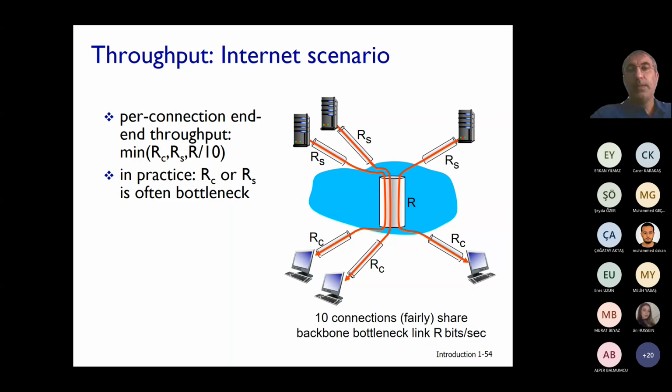Okay, throughput has some problems, per connection end-to-end throughput. If there are some bottlenecks, some important intersections, the capacity of these intersection devices must be designed very well. Otherwise, you experience some bottlenecks, some congestion.